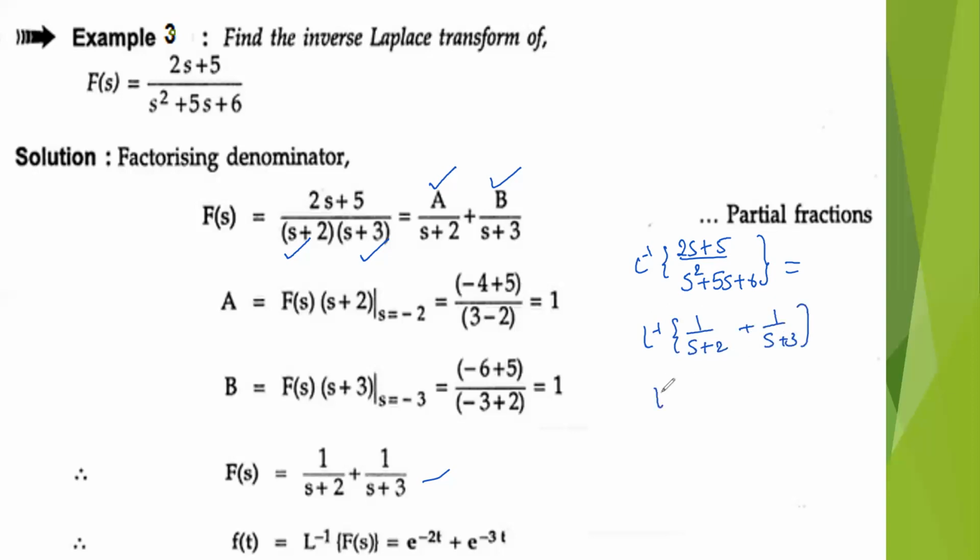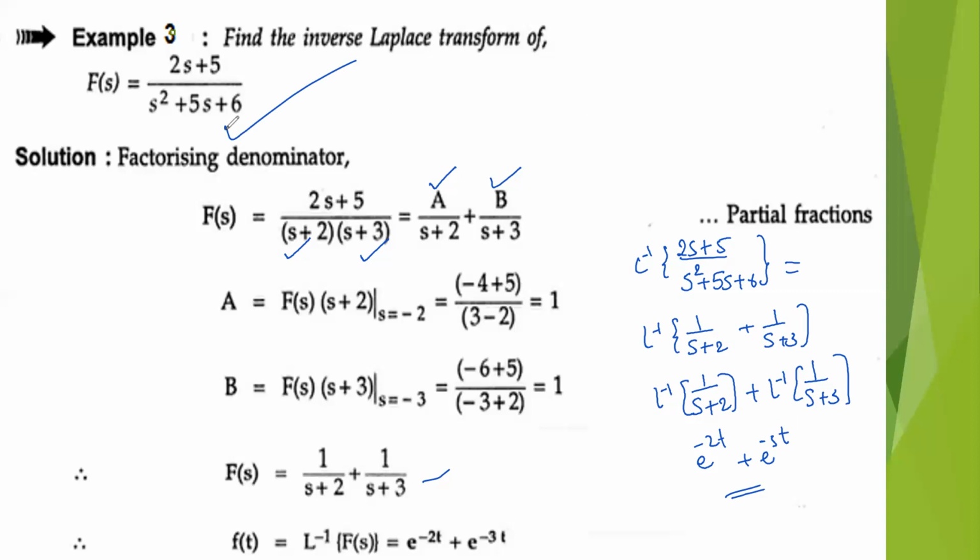According to the linear property, it is the inverse Laplace of 1 by s plus 2 plus the inverse Laplace of 1 by s plus 3, which is nothing but e power minus 2t plus e power minus 3t. This is our required answer. Like this, partial fractions are utilized to determine the inverse Laplace transformation of the given function.